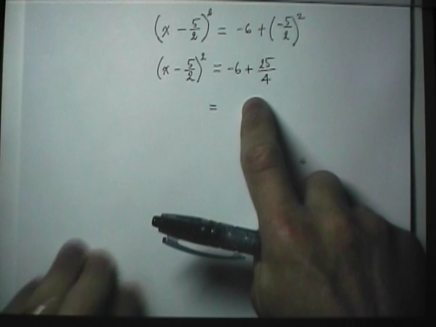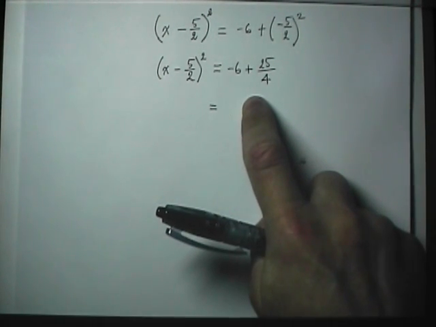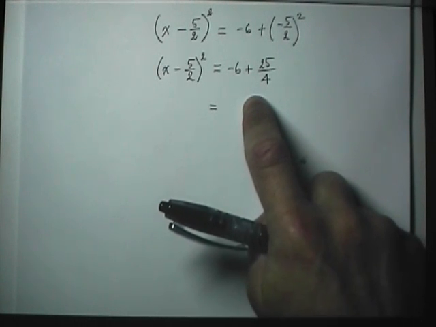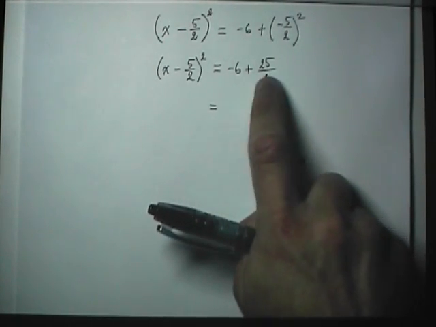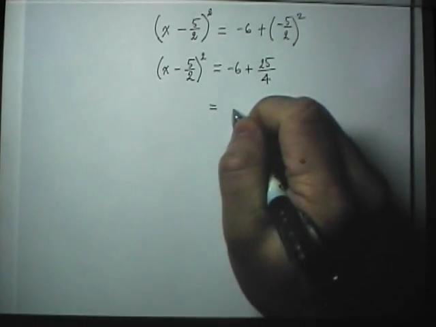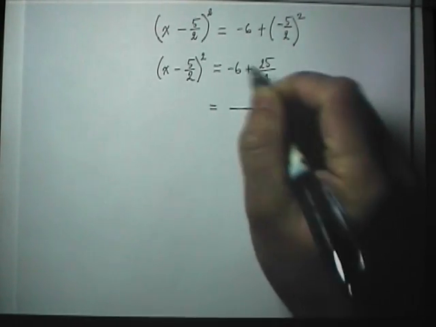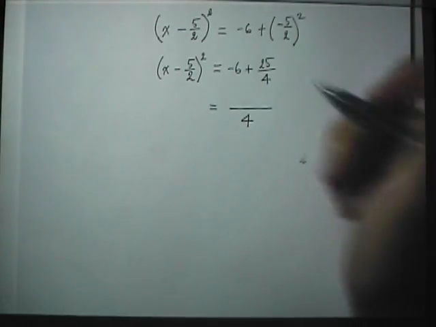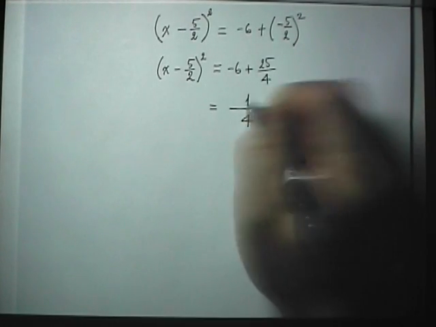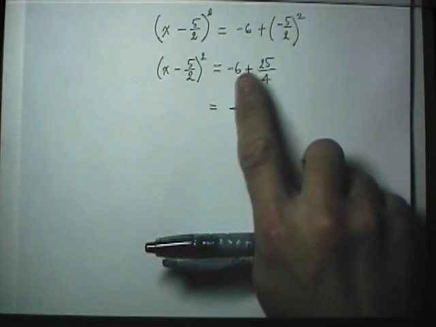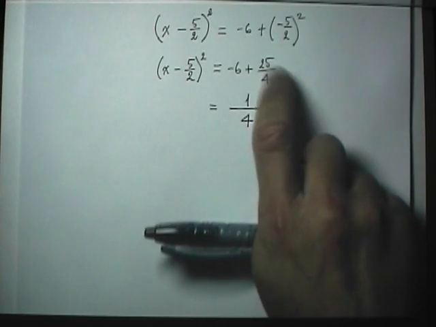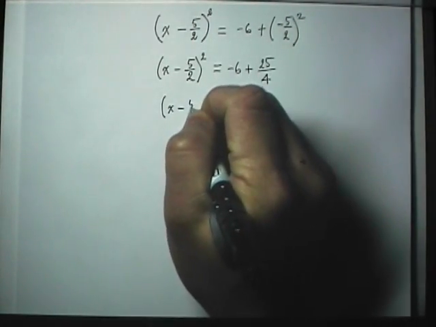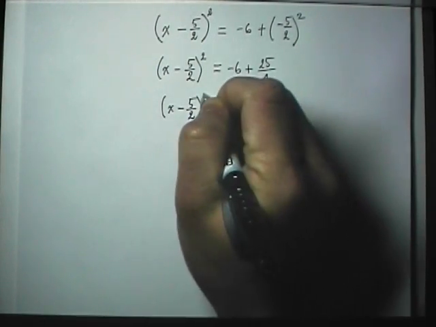If you don't have that skill nailed down, make sure you check out my other videos on how to add and subtract fractions, as well as adding a whole number with fractions. According to the calculations, negative 6 plus 25 over 4, with a common denominator of 4, is a positive 1 over 4. The left hand side remains x minus 5 halves, all squared.